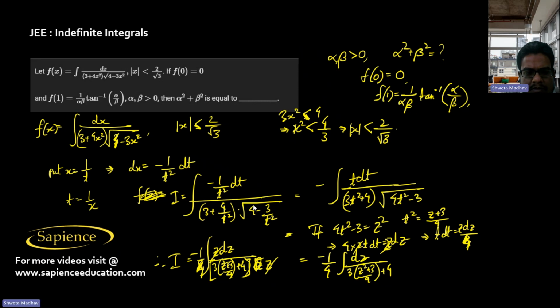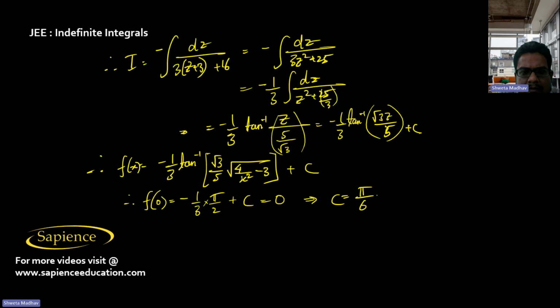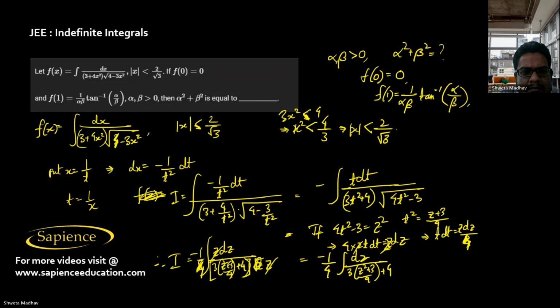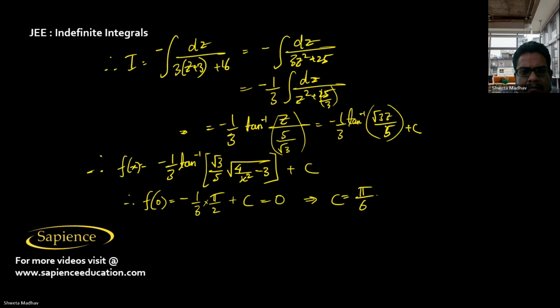There is something wrong here. We know that integral dx by (x square plus a square) is given as 1 by a tan inverse x by a.